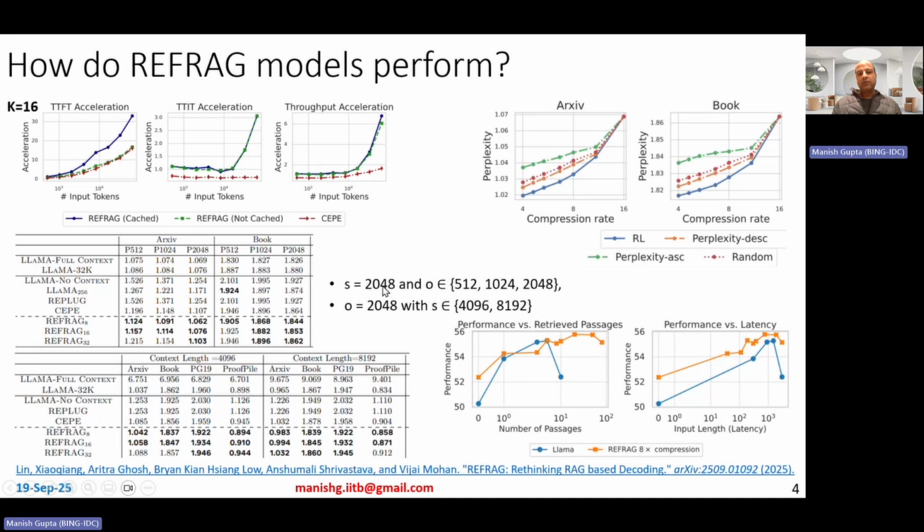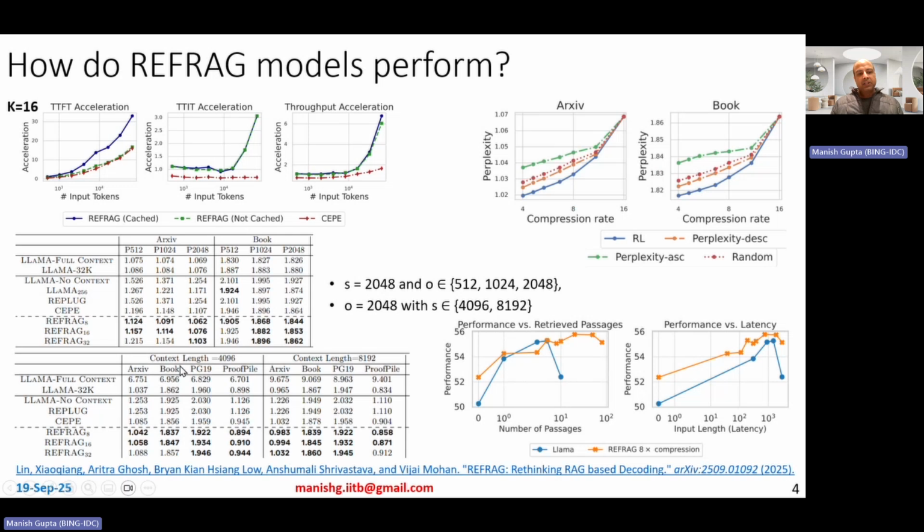So 2048 divided by 8 is 256, so you're left with 256 tokens. And therefore REFRAG 8 and LLaMA 256 actually have the same number of tokens as input. It's just that LLaMA 256 takes the last 256 tokens. REFRAG 8 actually takes the entire input of 2048, divides it into 256 different parts, and then comes up with an embedding for each of those parts.